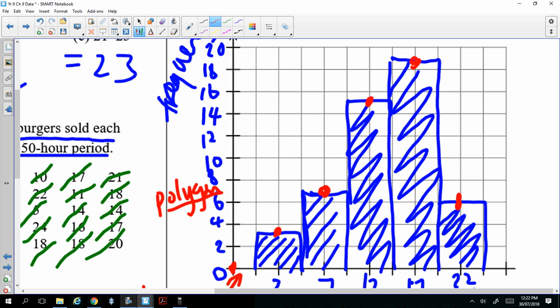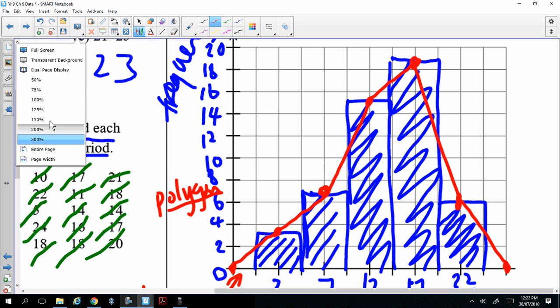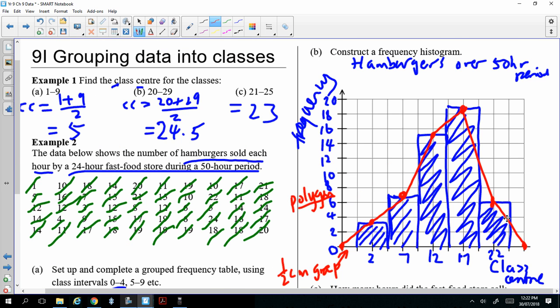This, of course, using a ruler. Okay, that's your polygon. All done. Make sure you put a heading. Over 50-hour period. I didn't write clearly. Let me write it clearly.